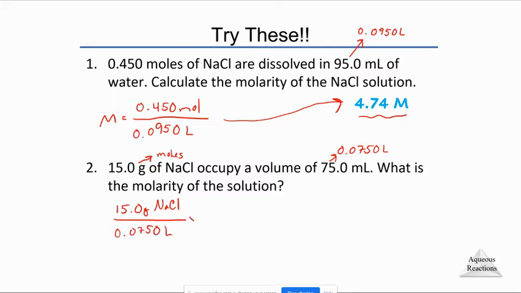And then I'm going to use the molar mass here to convert grams of sodium chloride to moles. I know that I have 1 mole of NaCl for every approximately 58.44 grams of NaCl. So instead of doing this in 2 separate steps, I just combine them together. But the main point: grams cancels, and I'm left with the units that I'm looking for, molarity. And so hopefully you got around 3.42 molarity for the concentration of this solution.